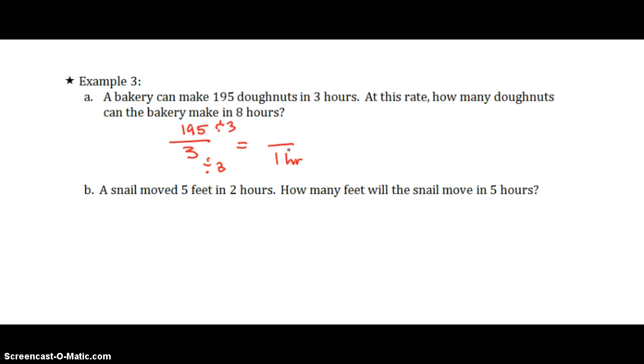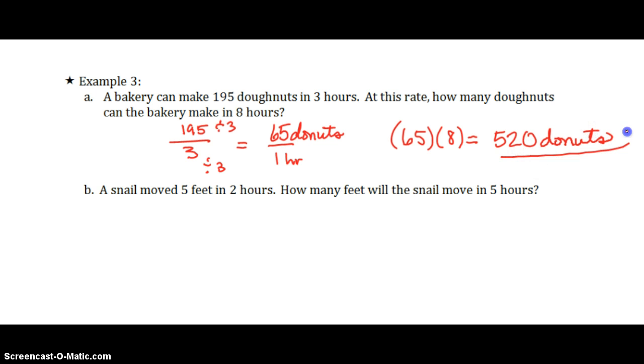So the bakery is baking at a rate of 65 donuts per hour. So in 8 hours, we'll say 65 times 8. In 8 hours, they will have made 520 donuts. So you see how the rate could come in handy if you knew at what rate they were cooking.